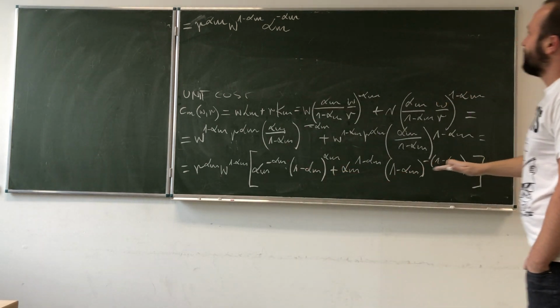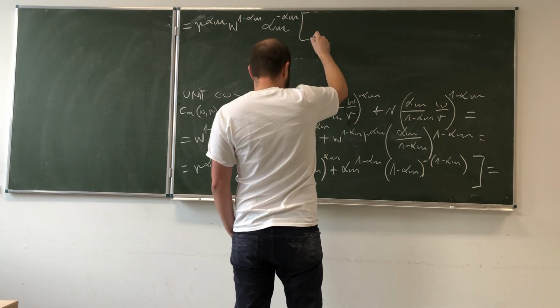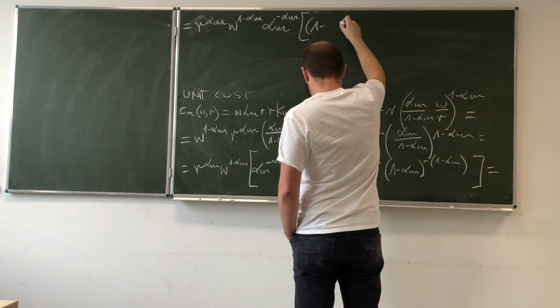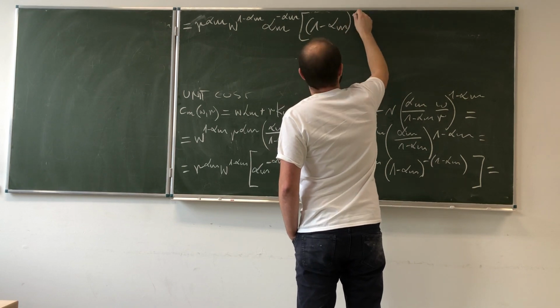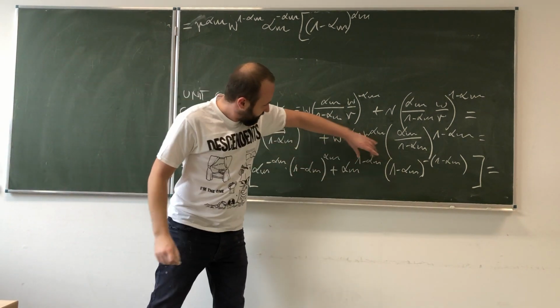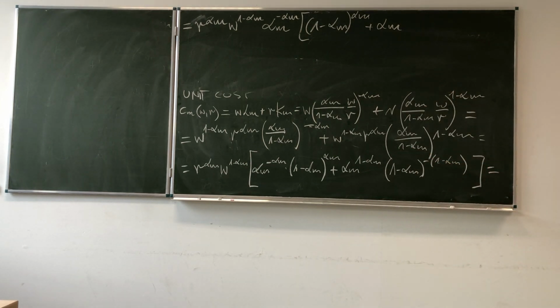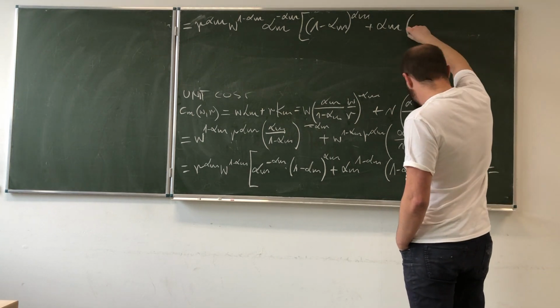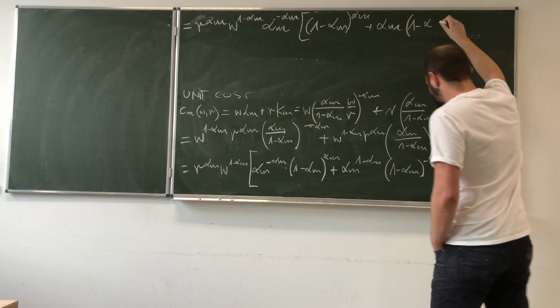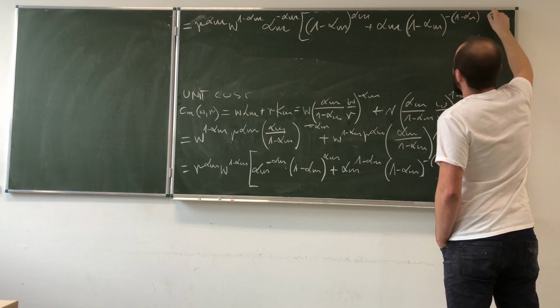And let's see what we've got left in the brackets. So we've got 1 minus alpha m to the power alpha m, because we've taken this thing out, and over here we're just left with alpha m to the power of 1, right? And this expression simply stays the same: alpha m to the power negative 1 minus alpha m.